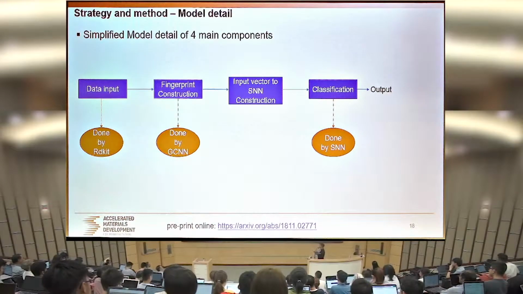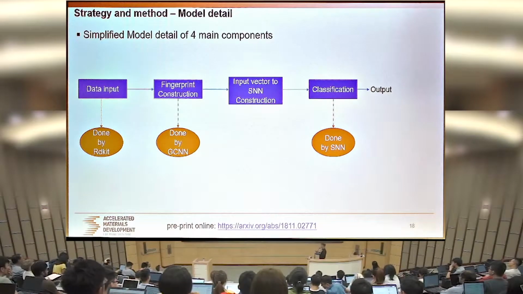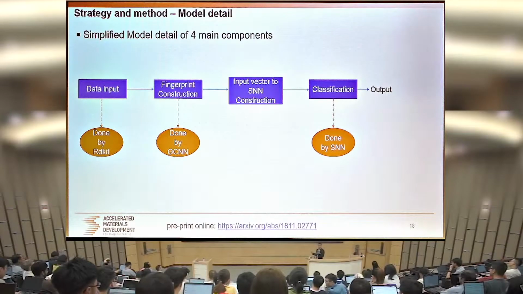After the fingerprint has been constructed, we combine it with the basic descriptors I introduced before to input into the SNN. The SNN will do the classification task, and then we get the output of whether it is successful or not, 1 or 0. Actually, it has some probability.